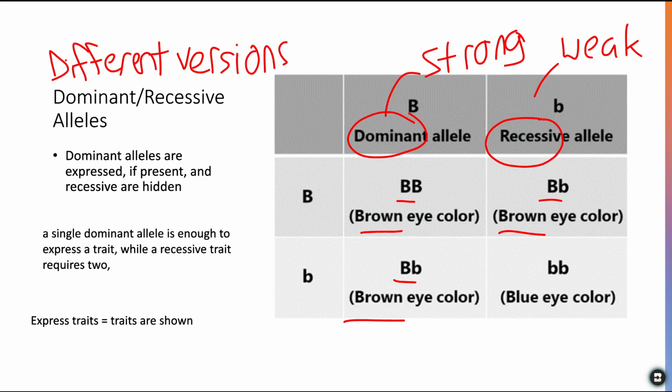So in this case, someone with blue eyes can only have two recessive alleles, because the dominant allele will take over the appearance otherwise. Now, something you're going to see us talk about today is this phrase, expressing traits. When we talk about expressing traits, we mean that they are going to be shown. Just like we say, express your feelings, express yourself, we are talking about show your feelings, show your true colors.